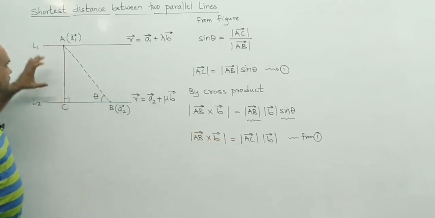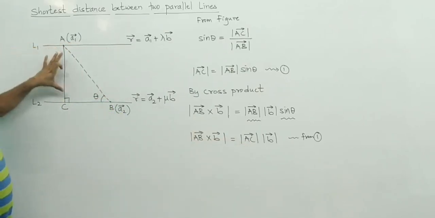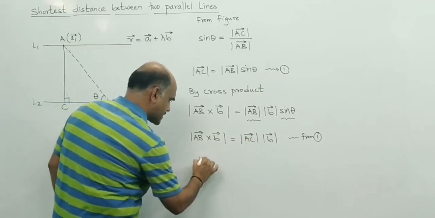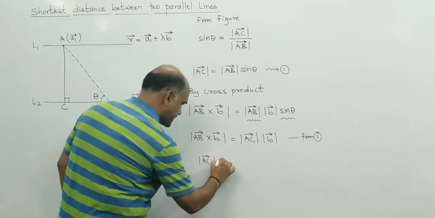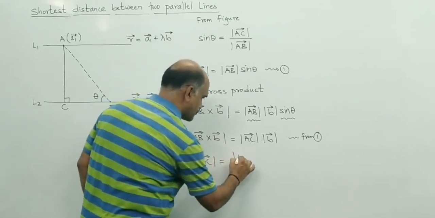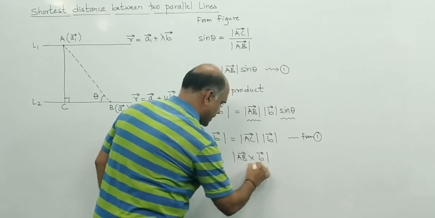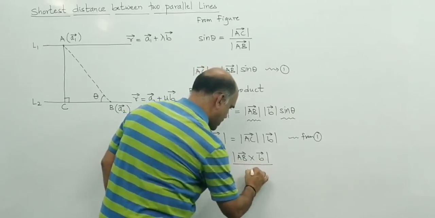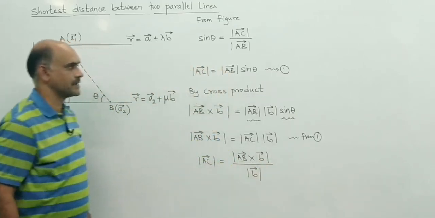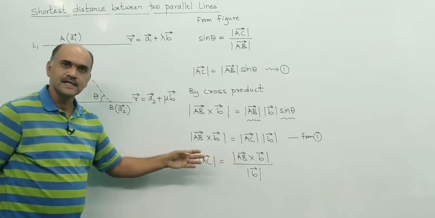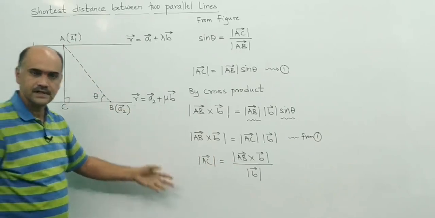So shortest distance between these two parallel lines is AC. So I will take magnitude of b to the LHS. RHS AC remains. Magnitude of AC is equal to mod of AB cross b divided by magnitude of b. Now I will substitute this AB as OB minus OA.